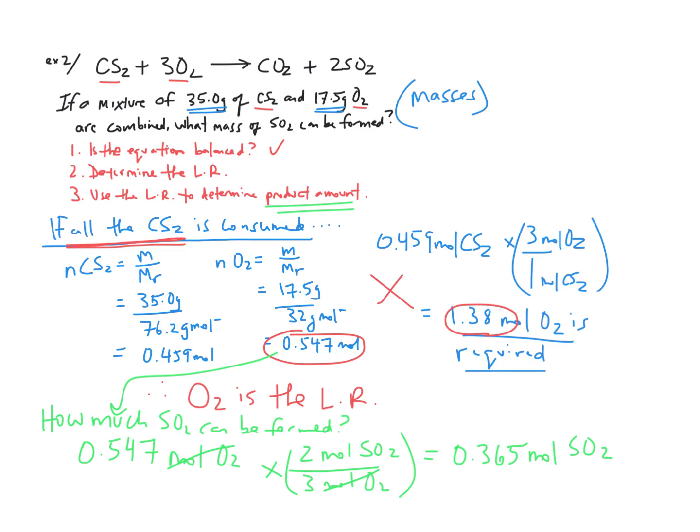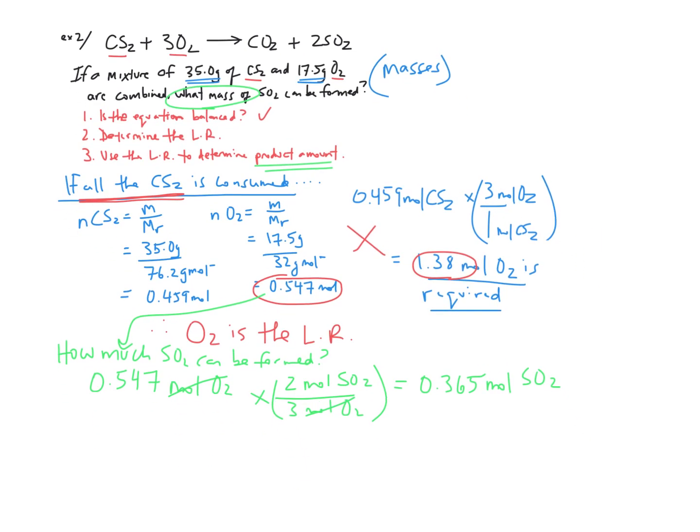The final thing is it says what mass. If you go back and look at the question, it's asking about mass, so we need to convert this to a mass. The mass is going to be the moles times the molar mass. We have 0.365 moles of SO2.